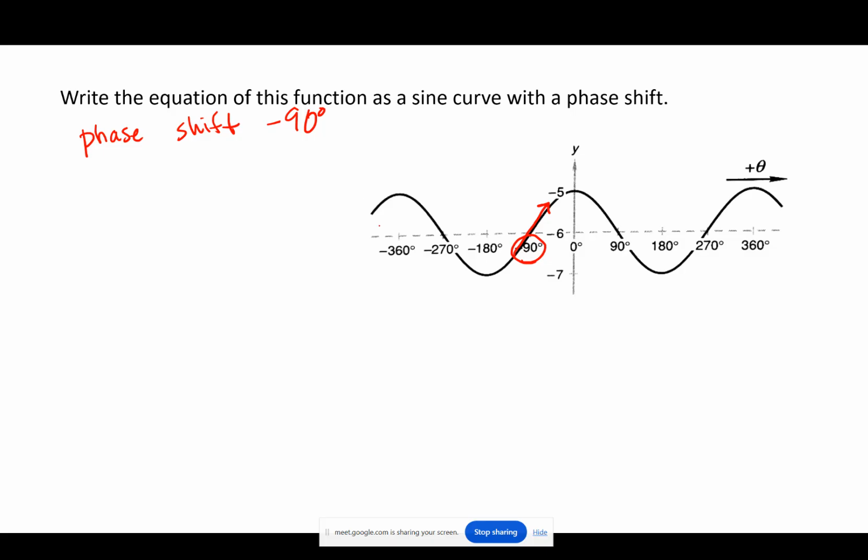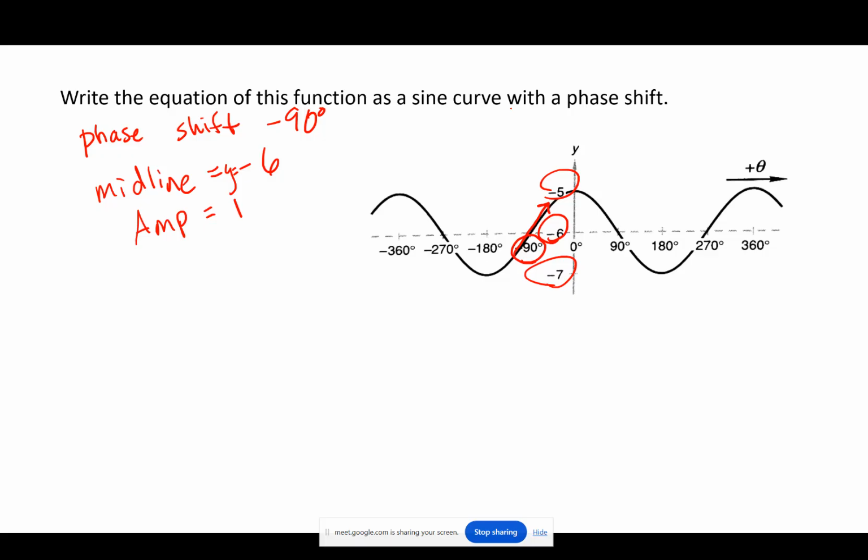Now, the midline, you can see right there, is negative 6. So the midline is the line y equals negative 6. And then it goes up to negative 5 and it goes down to negative 7. So the amplitude is just 1. From negative 6 to negative 5 is 1.